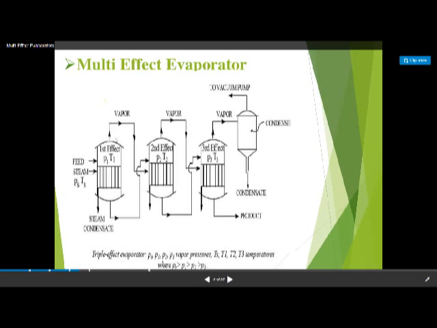Now see, the vapor coming out of the first effect is used as the steam. See, this is the steam inlet for the second one. It is used as a heating media, connected to the steam inlet. And see, the vapor from the second one is used as a heating media for the third one, right?